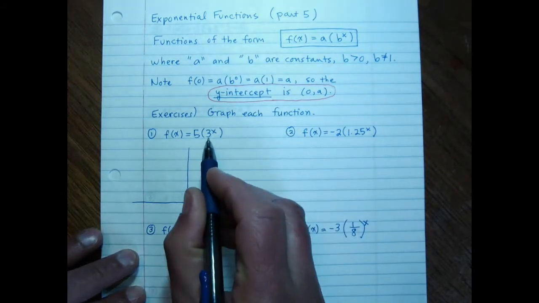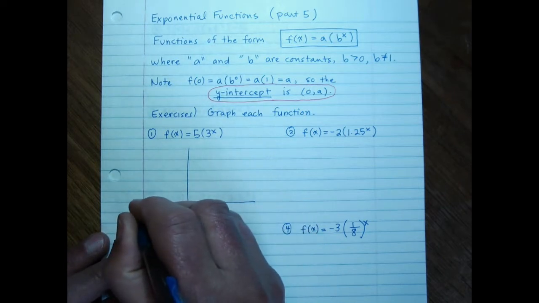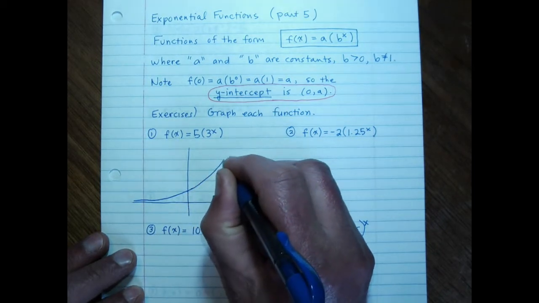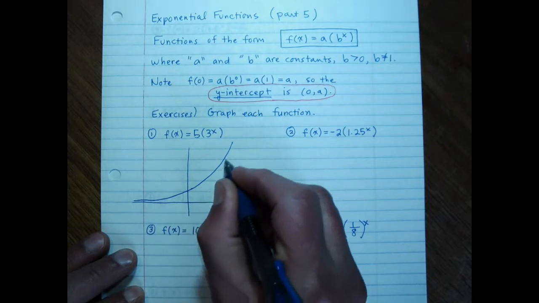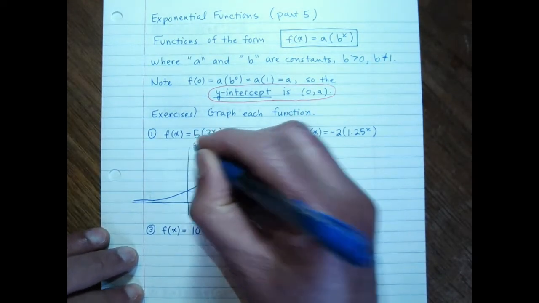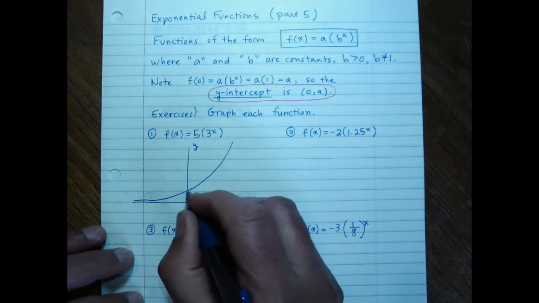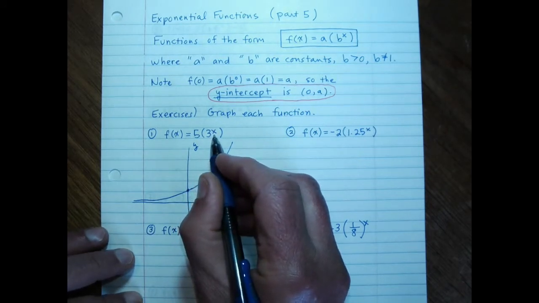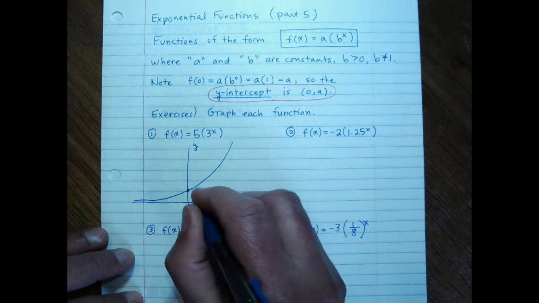We know because the base is greater than 1, the shape of such an exponential function is going to be like so, rising up from close to the x-axis and then taking off when x is very, very positive. And yet this is slightly different from 3 to the x because the y-intercept for this function when x is equal to 0 is going to be 5 times 3 to the 0, 5 times 1, or 5.